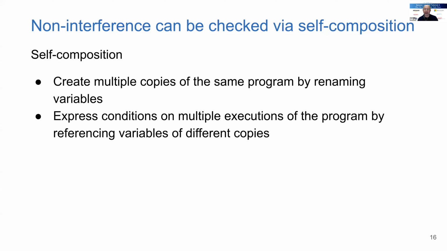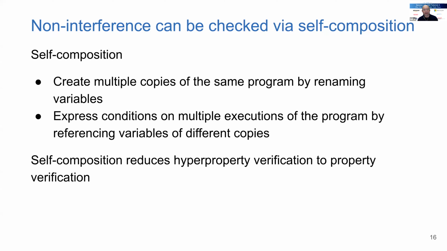So you are running multiple instances of a program, instantiating them with different variables, and then you express conditions on multiple executions. Using self-composition, you are reducing hyperproperty verification to property verification. Of course, you are increasing the state space, but it can be done. So then you can use standard verification techniques to verify a property like non-interference.